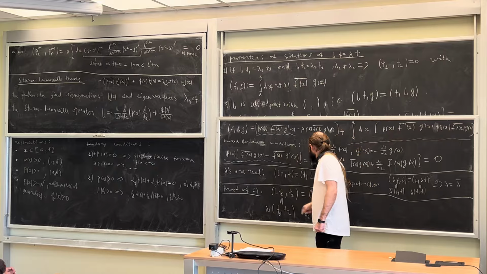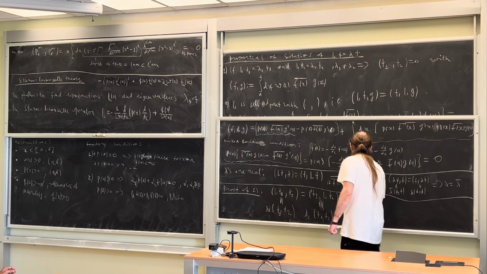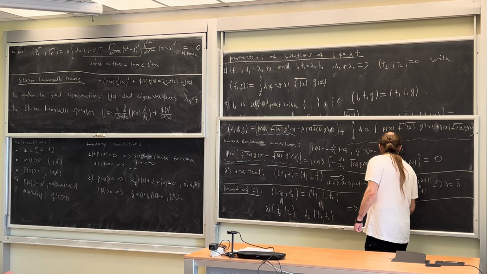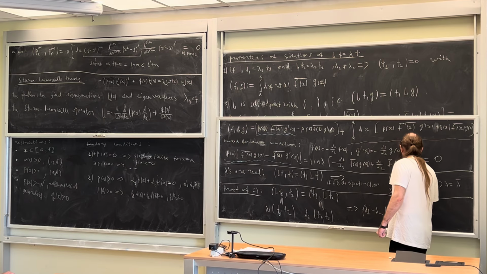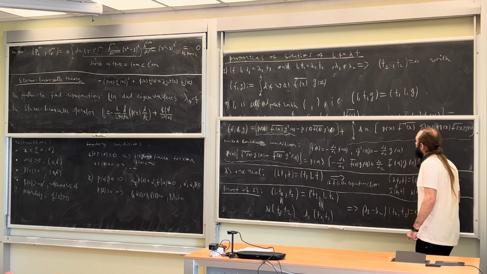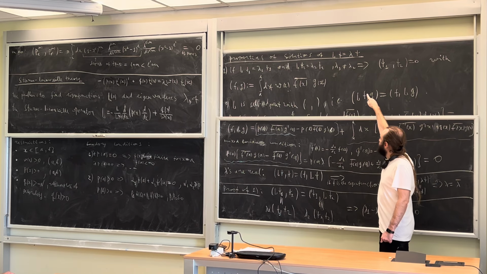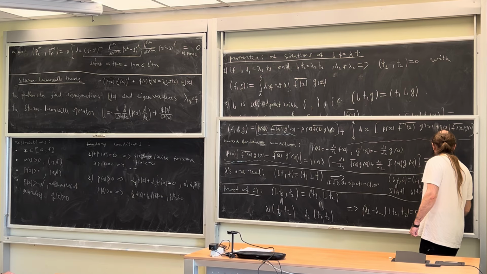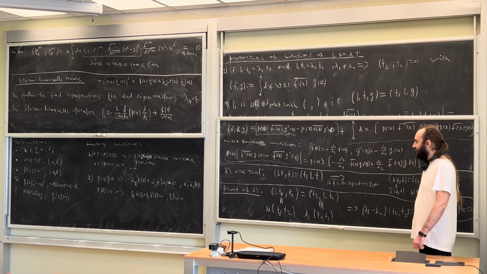So these two expressions are equal. Therefore, lambda 1 minus lambda 2 times the scalar product of psi 1 and psi 2 equals 0. But since lambda 1 is different from lambda 2, then the scalar product of psi 1 and psi 2 equals 0. So, the end of the proof.